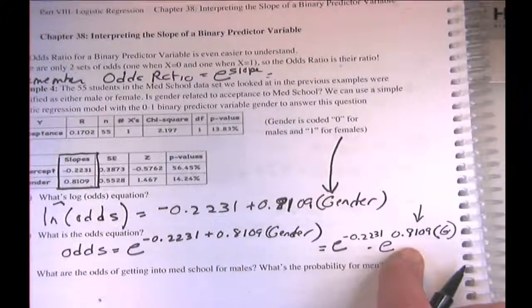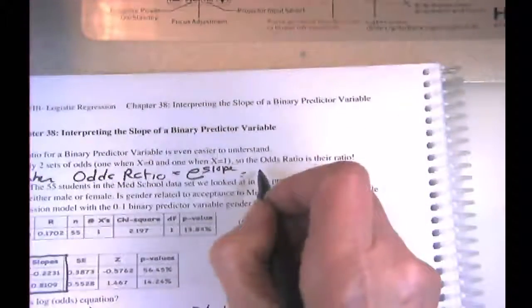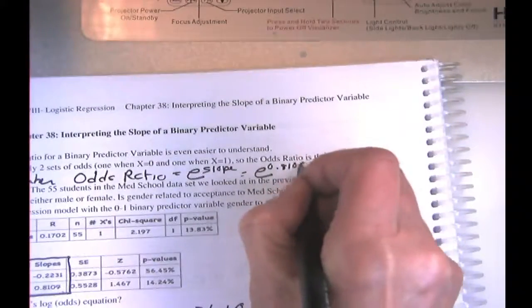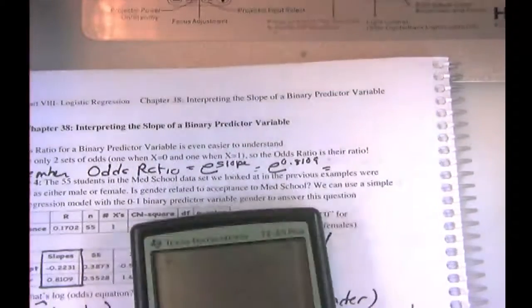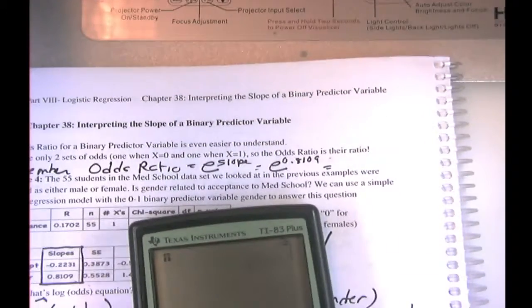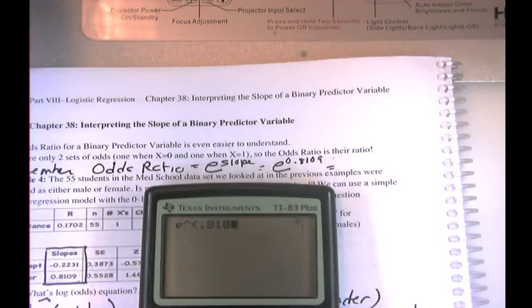Now, what is that? So in this case, it's e to the 0.8109, and let's get that. e to the 0.8109. And it's 2.25. Okay?